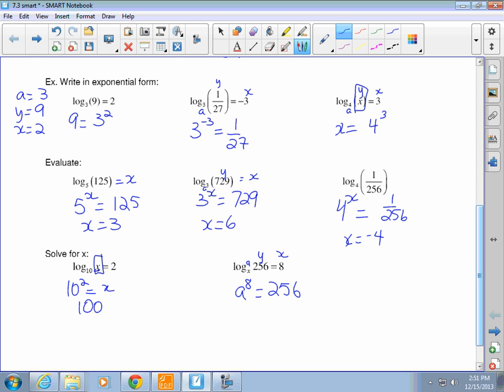In order to get rid of this power of 8, you're going to have to do the 8th root. So on your calculators, you can do that. I'm just going to make that an x so it matches the equation. x is equal to 2. So then what that's saying is 2 to the power of 8 will equal 256. And you can check that and see that it does work.